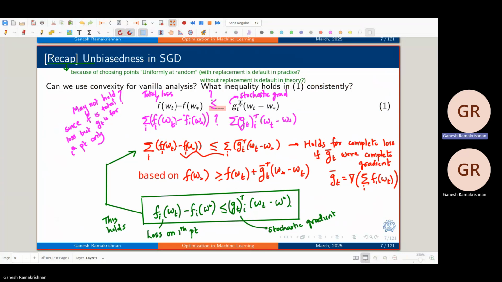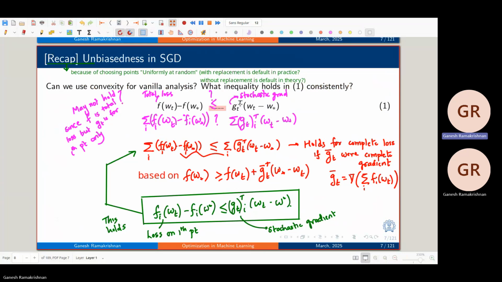So this is what we have: f of W star is lower bounded by f of W_t plus the linear approximation. I'm talking about this one, W_t minus W star here; here it is W star minus W_t. See, f of W star is greater than or equal to f of W_t plus g_t transpose times W star minus W_t.